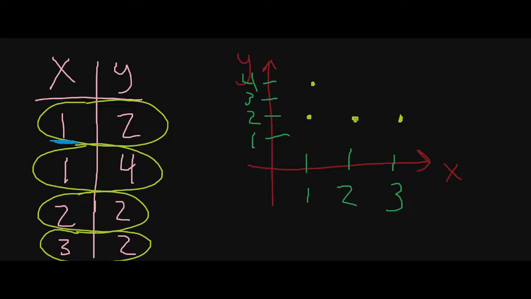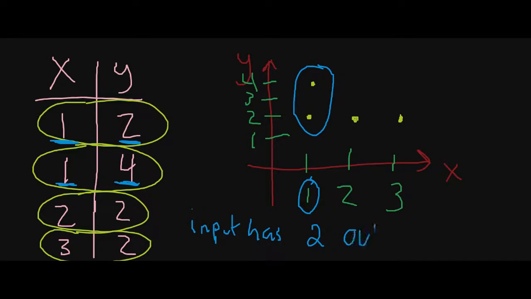The input 1 has 2 as one output, and the input 1 has 4 as another output. This is one of the reasons why it's not a function: there's an output at 2 and an output at 4 for the exact same input. This input 1 has 2 outputs, and those 2 outputs are 2 and 4.